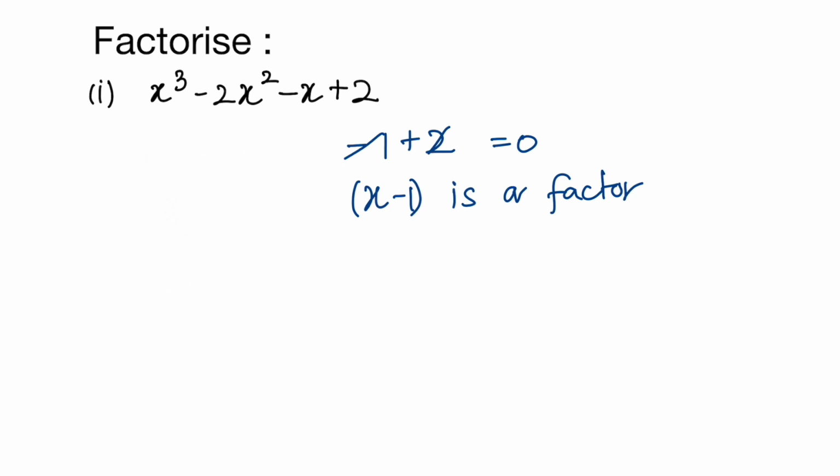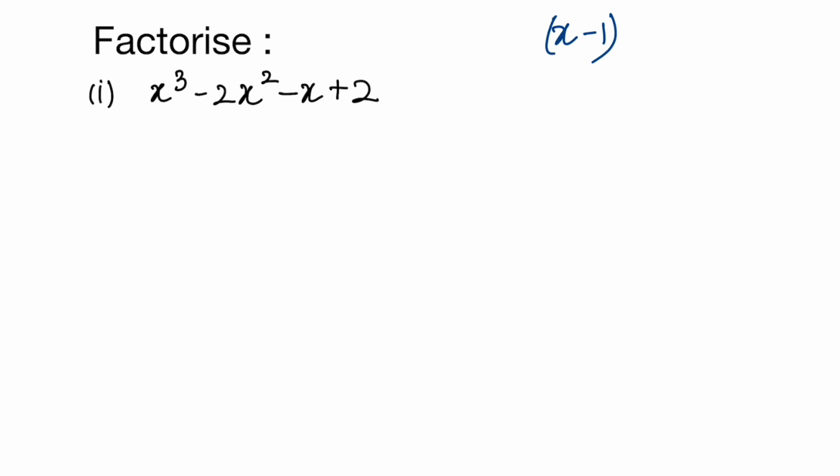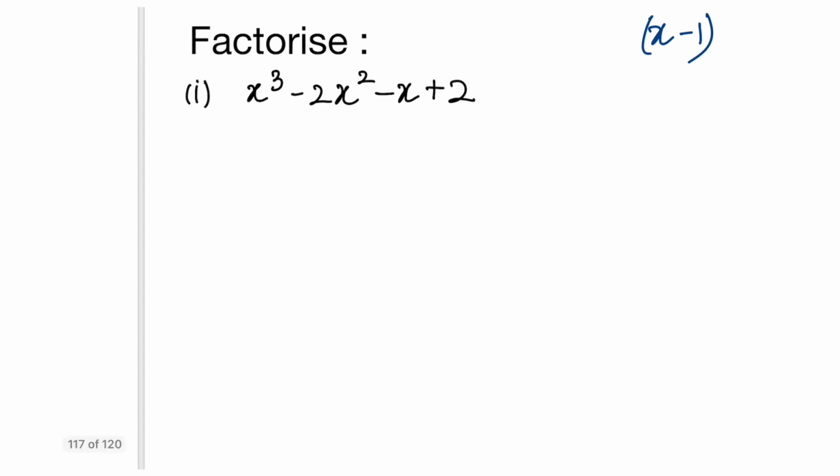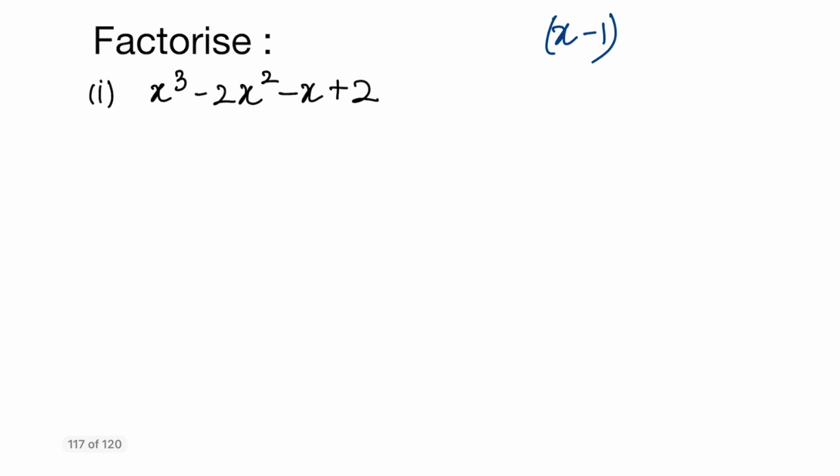I'm just erasing these things. So I'll have this written at this side: x minus 1 is a factor. Now we are going to proceed with that. We are going to take this x minus 1 as a common factor from all the terms in this polynomial. For that you are going to rearrange this in such a way that it's easy for you to take x minus 1 as a common factor.